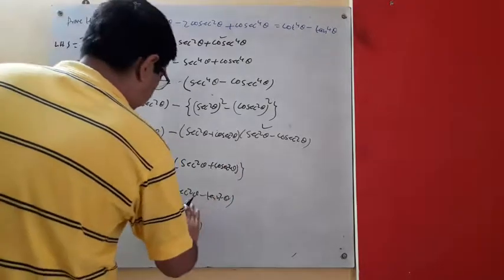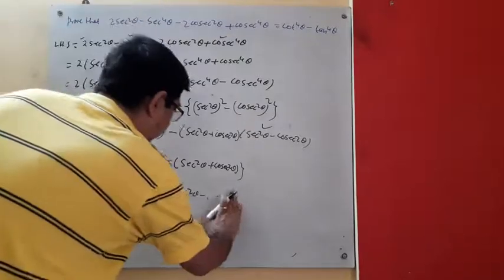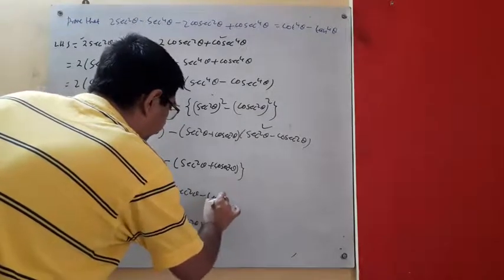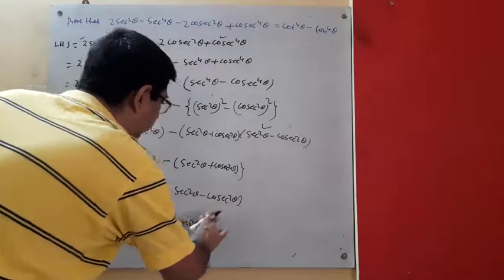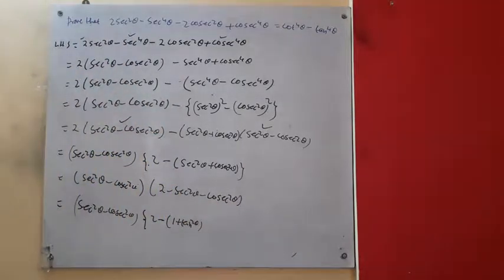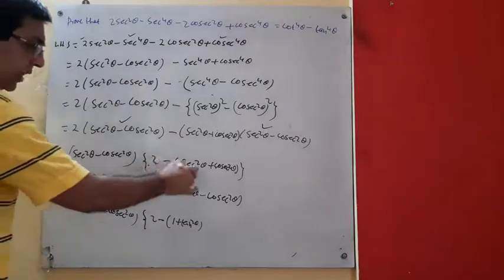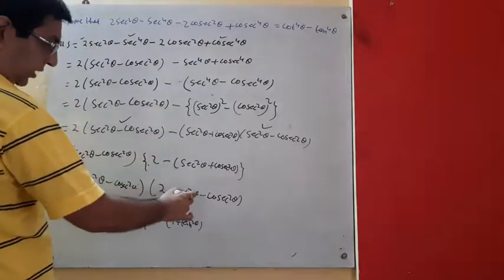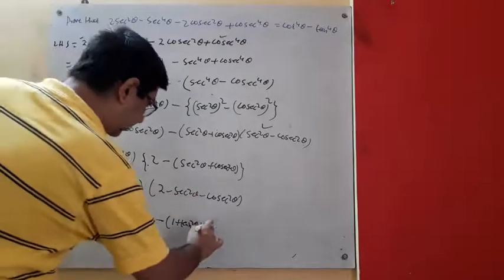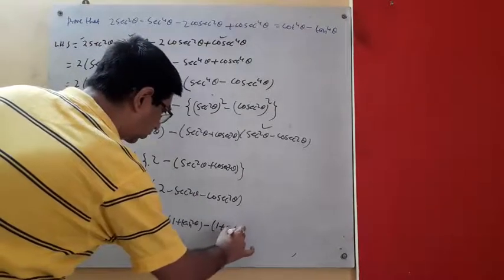So we get minus sec square theta minus cosec square theta. I am extremely sorry. Minus sec square theta minus, because when we were removing the bracket, so minus sec square theta minus. So we get, and this is minus 1 plus cot square theta.